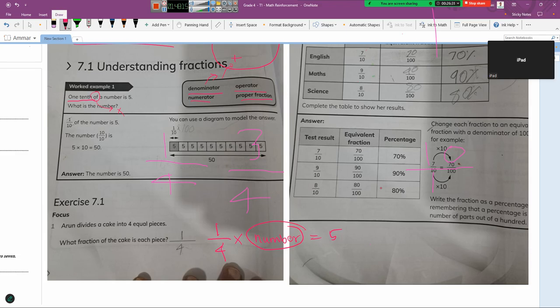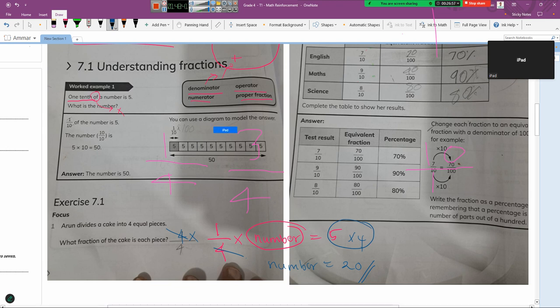For that, we can just multiply the equation by 4 on both sides. So this and this will cancel. The number is equal to 5 into 4, which is 20.